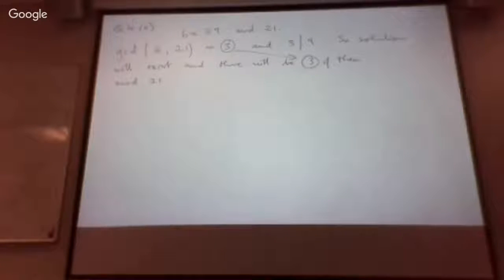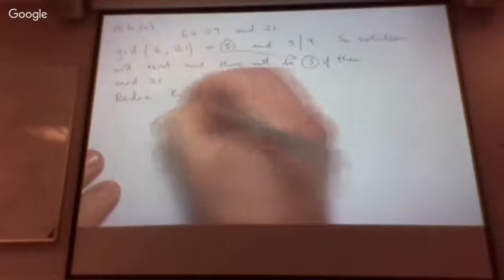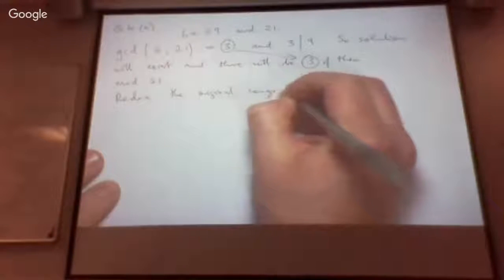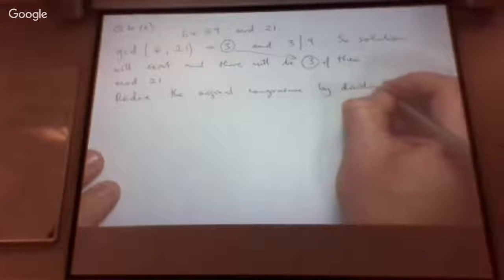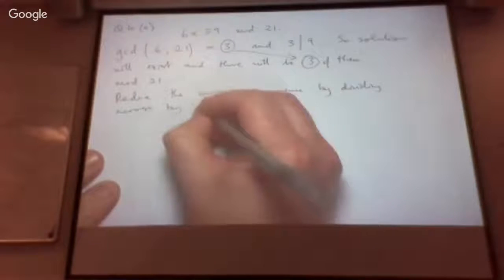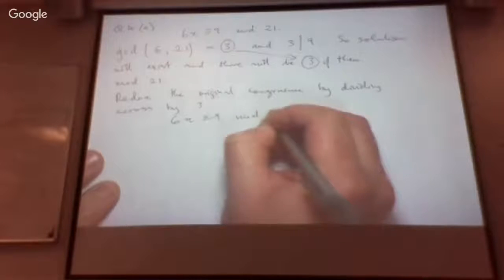To find them, you need to reduce the congruence. So we reduce the original congruence by dividing across by 3. So 6x congruent to 9 modulo 21.